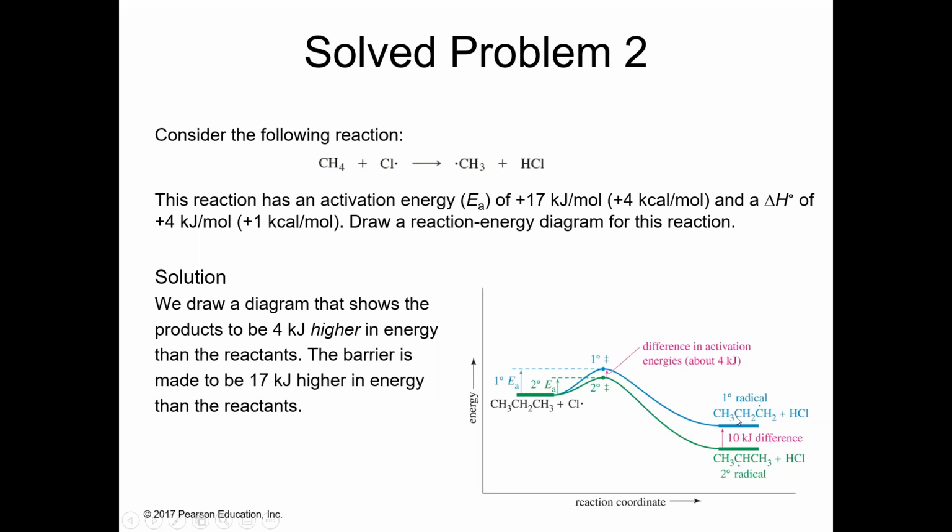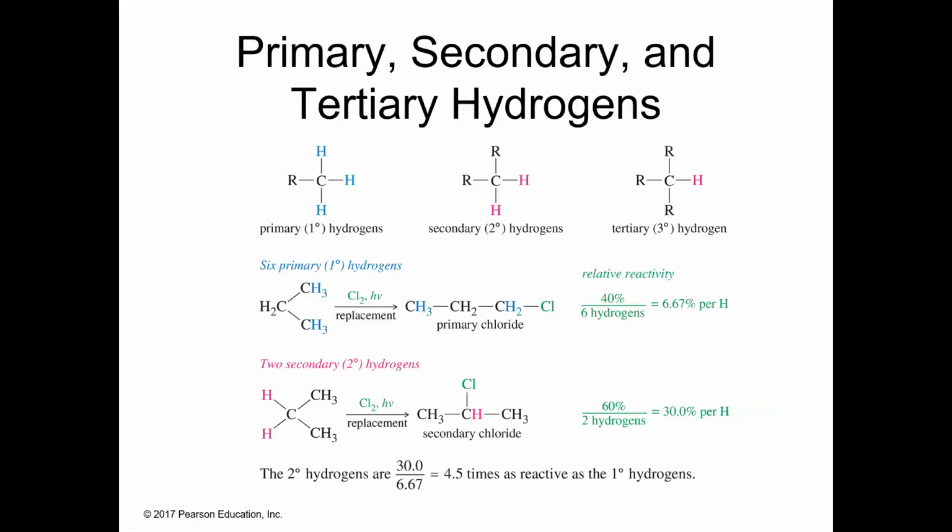So there's a 10 kilojoule difference in energies between these. And there is a 4 kilojoule difference in activation energies. Okay, so the secondary free radical is more stable and it's formed faster. And so we get more of the secondary product.